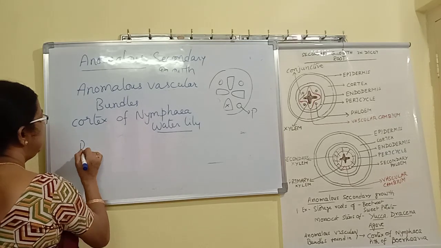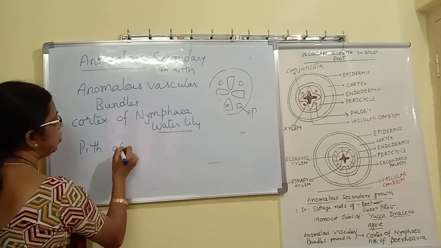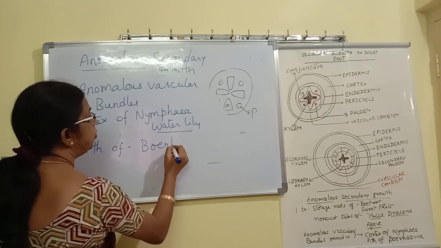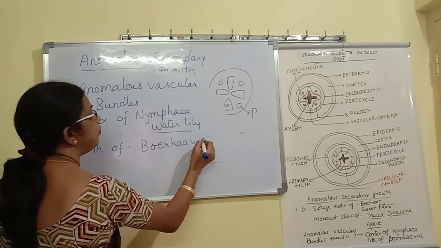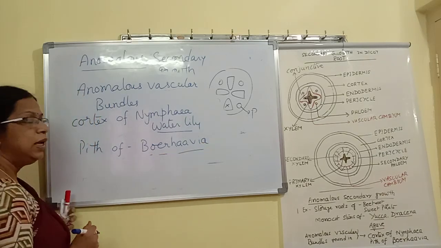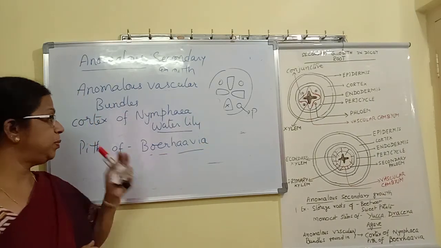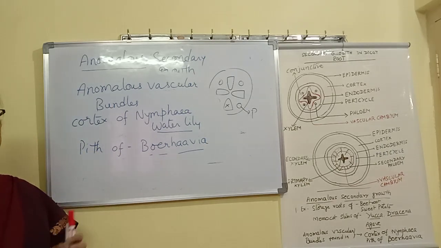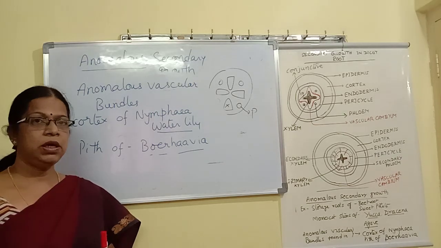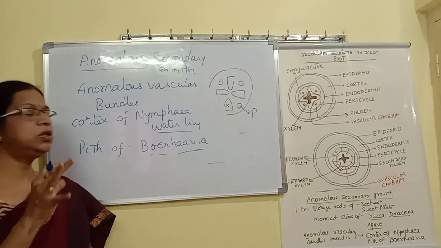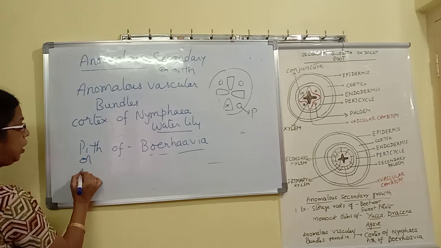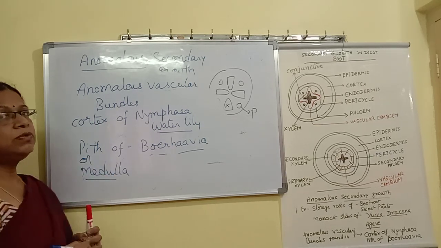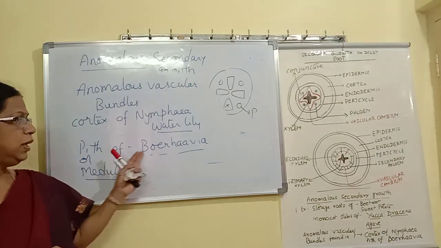Similarly, another abnormal position, the pith of the plant called Boerhaavia, a huge tree. Pith is the central part of the dicot stem. In dicot stem we find a large pith, which is also called medulla.